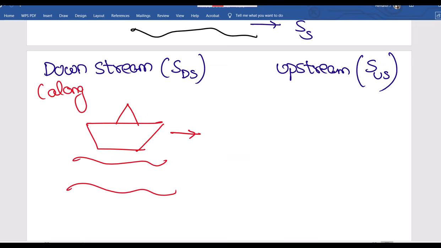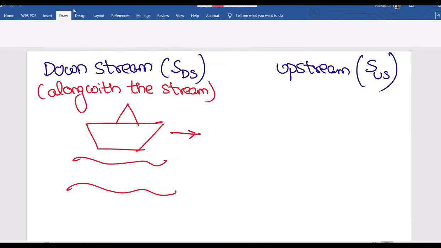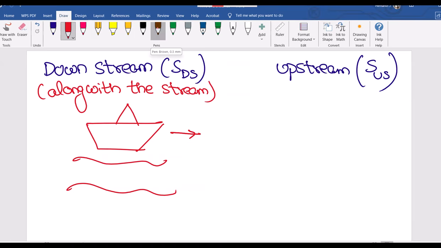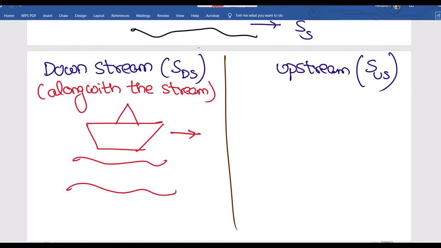Sometimes they don't use the word downstream; they use the words along with the stream. Instead of upstream, they may sometimes use the words against the stream. Upstream means against the stream. Downstream means along with the stream.